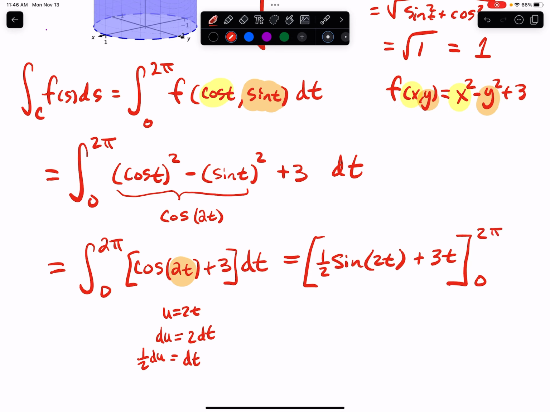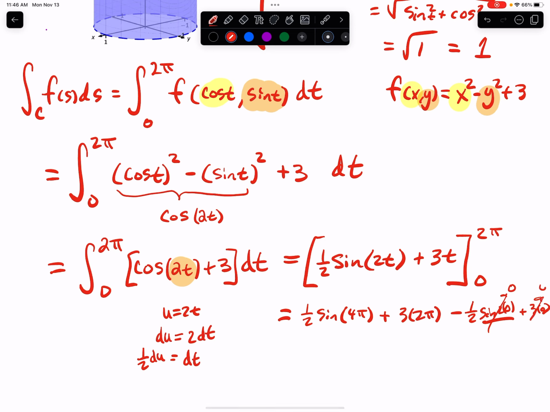Fundamental theorem of calculus gets me 1/2 sine 4 pi plus 3 times 2 pi, 6 pi, minus 1/2 sine of 2 times 0, which is 0. Sine of 0 is 0, so that goes to 0. And then plus 3 times 0, which is still 0. So that whole thing just goes to 0.